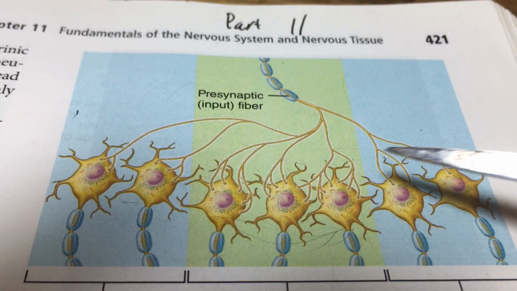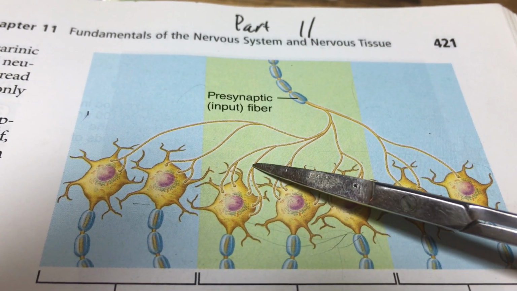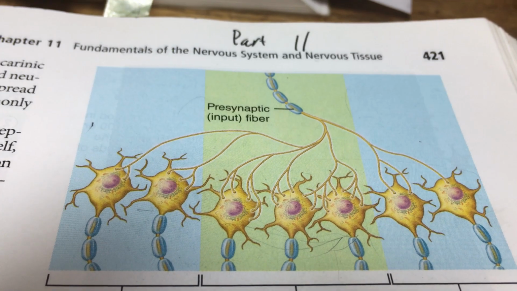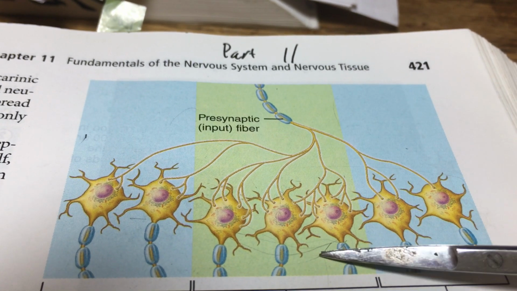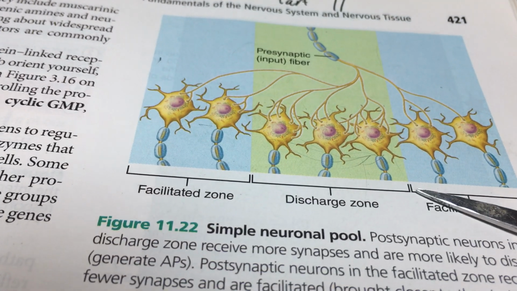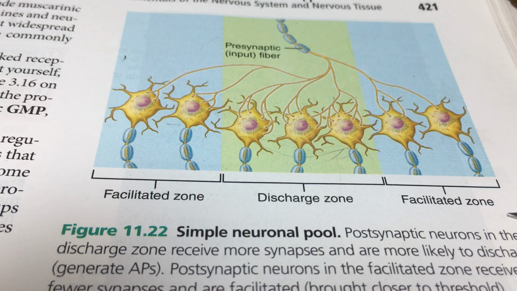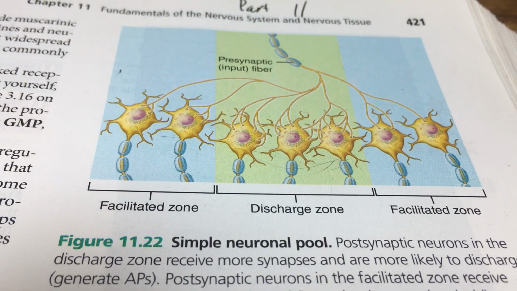Over here we might only get 1. Over here only 1. Over here maybe 3. Over here maybe 4. Right, so the idea here is that when we create a whole bunch of synapses in this more central pathway, this becomes the discharge zone, while this becomes facilitated over here.